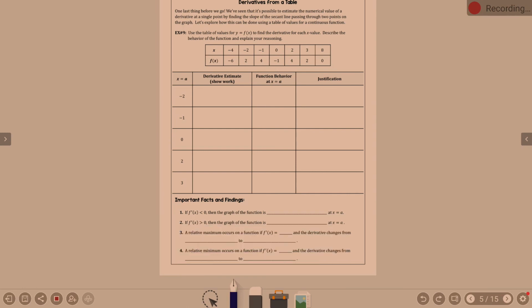So, in order to do the derivative around x equals -2, when we're doing the slope of the secant line, what do we want to use? I helped several of you with this the other day. You want to use the value on either side of it. So we're going to use the (-4, -6) and (-1, 4). And we're going to find the slope.